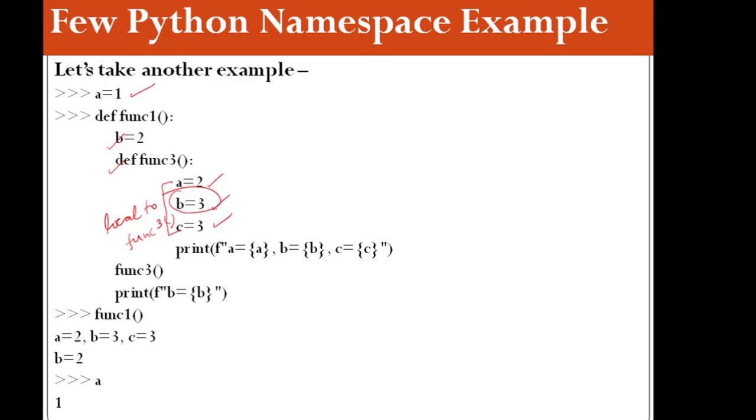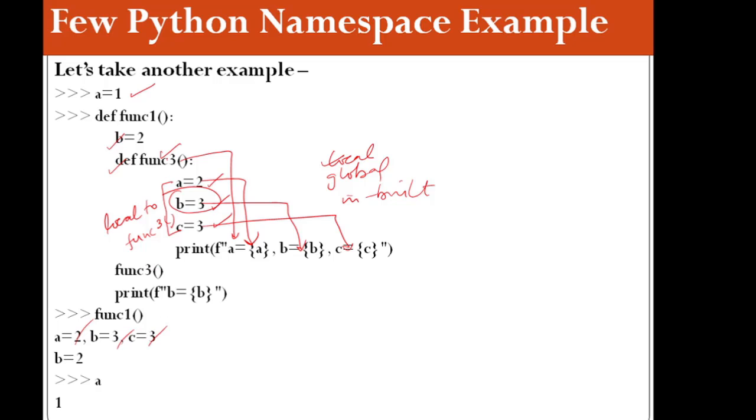So here you are trying to print the values of A, B, and C sitting in func3, right? So it will display 2, 3, and 3, because the order of searching is local, global, inbuilt. So if it is finding it locally, you will display locally. So it is displaying 2, 3, and 3.